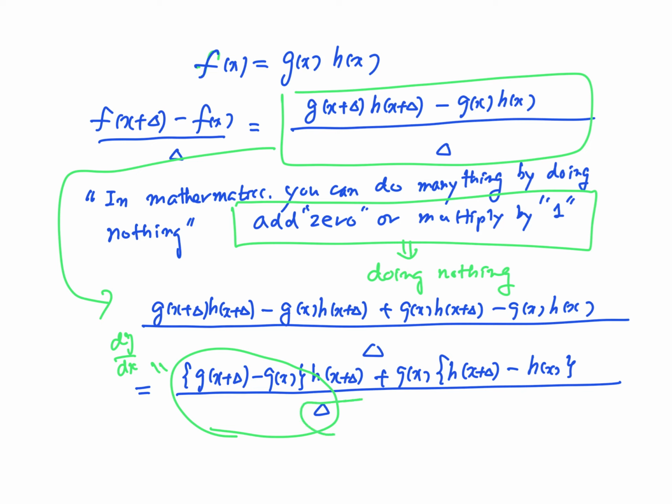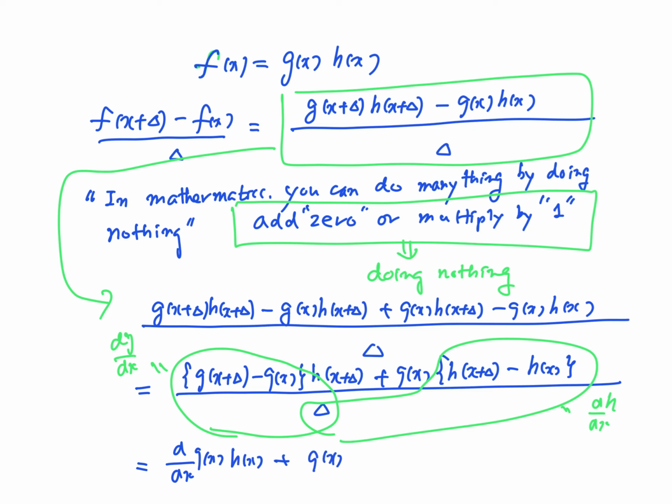And this is basically d/dx h. So it becomes d/dx g(x) h(x) plus g(x) d/dx h(x) as delta goes to 0.